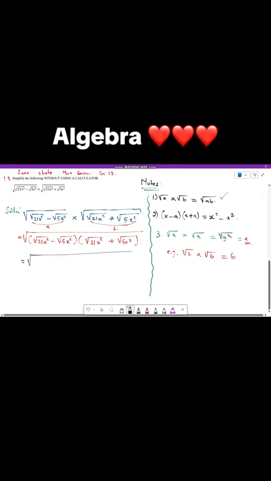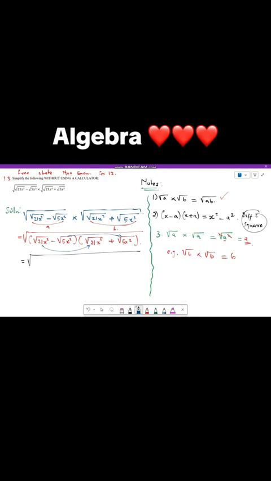So we can see that this is a difference of two squares. That's our number 2 there, which I said is going to be very important. So we multiply this and that, since this is a difference of two squares.